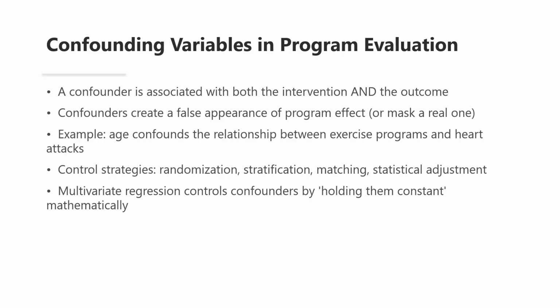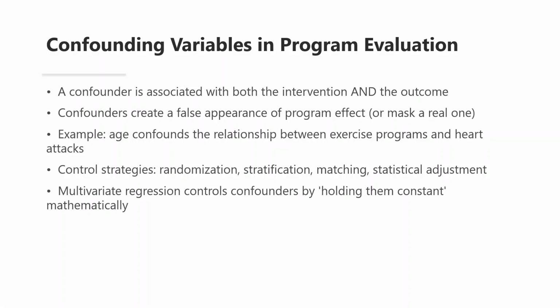The fourth and most powerful strategy for observational evaluations is statistical adjustment through multivariate regression. When you include confounding variables as covariates in a regression model, the analysis mathematically holds them constant, allowing you to isolate the independent effect of your program.